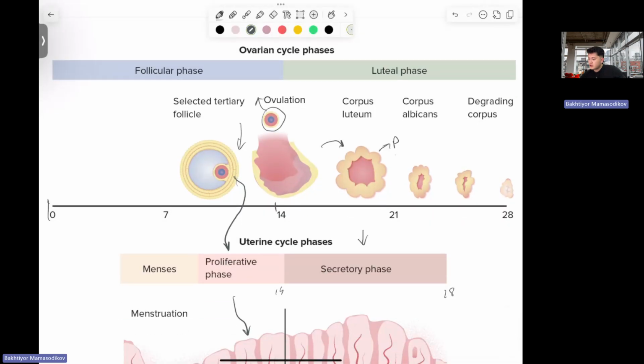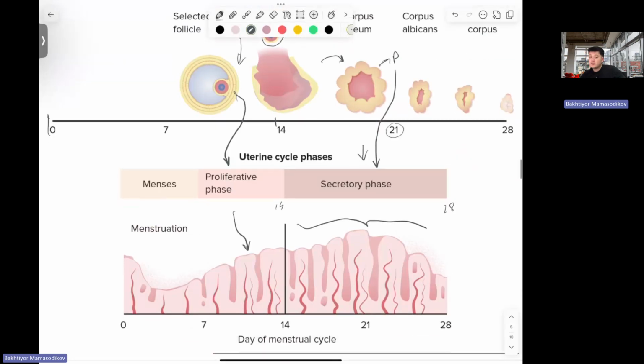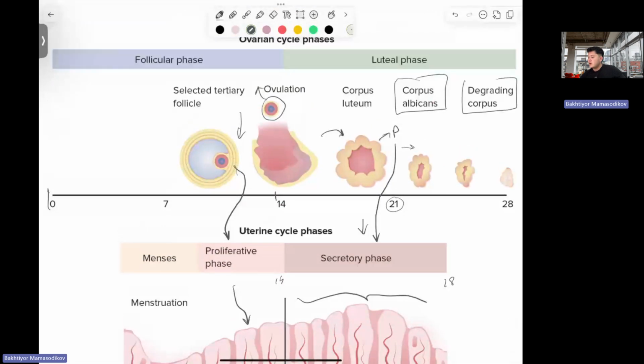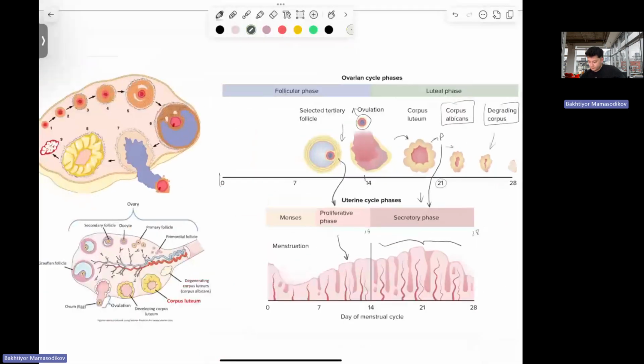This progesterone supports the secretory phase of the uterine cycle, making it thicker. After day 28, actually starting from day 21, it starts to degrade if fertilization didn't happen, and it becomes the corpus albicans. Okay, this is the degrading corpus, it disappears.